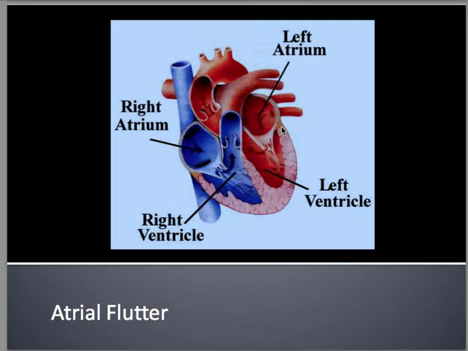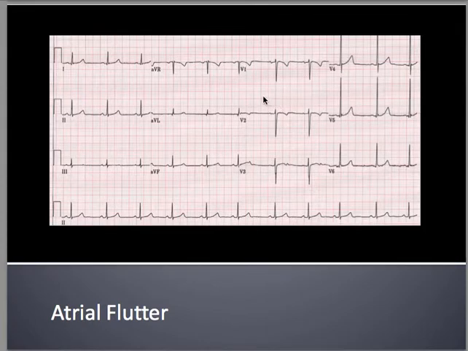Normally, if you look at a normal electrocardiogram, here is an atrial contraction, which is represented electrically, that is followed by a ventricular contraction. For each atrial contraction, there is a matching ventricular contraction.